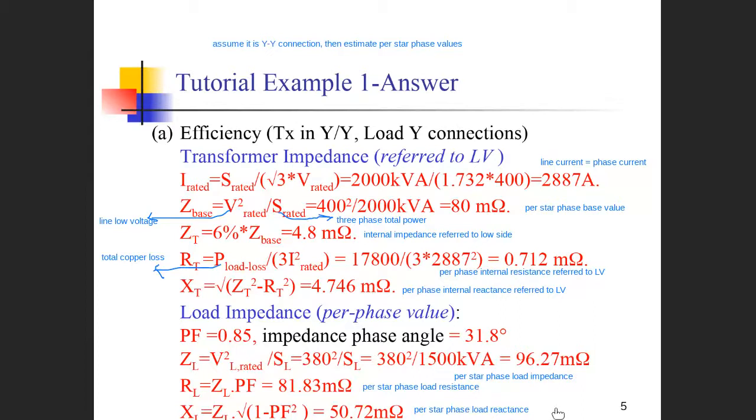So in the loading case, we can ignore the excitation branch impedance. So the total circuit current can be estimated easily by adding the load impedance together with the transformer impedance.